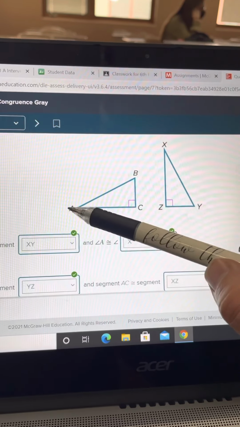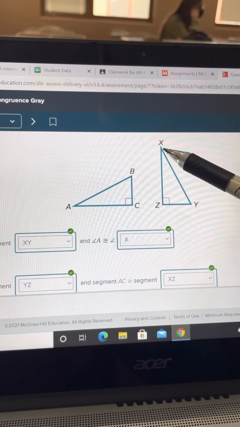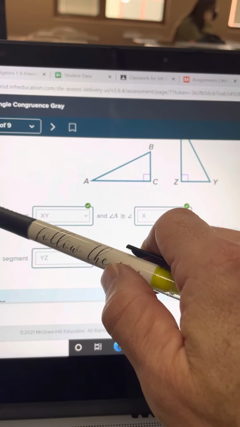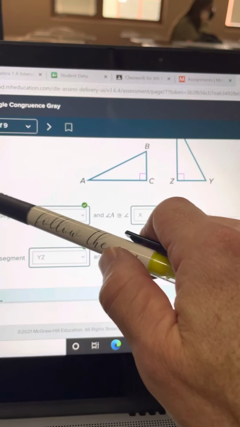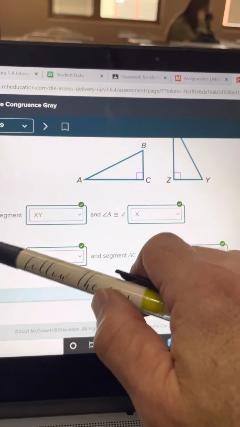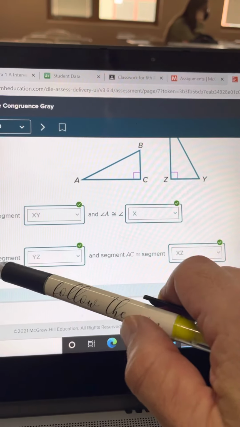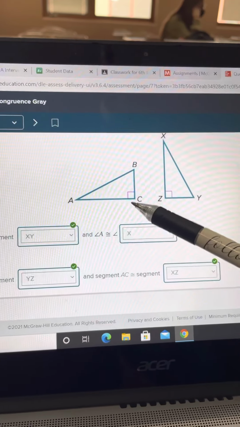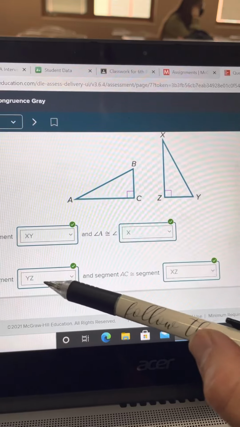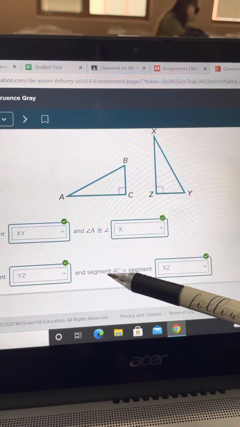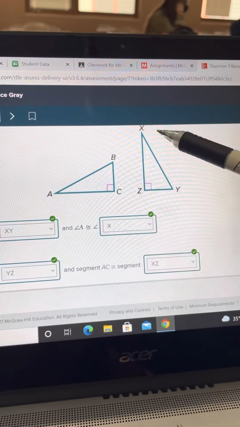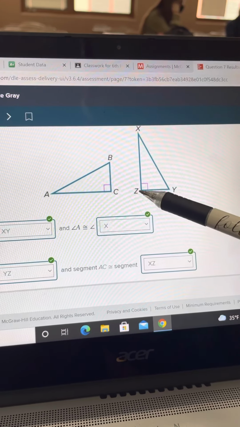And then angle A has got to go with angle X. And then for part B, that's the hypotenuse angle theorem. The leg, we have to go with BC's got to be congruent to YZ. So BC and YZ have to go together. And segment AC has got to be congruent with XZ.